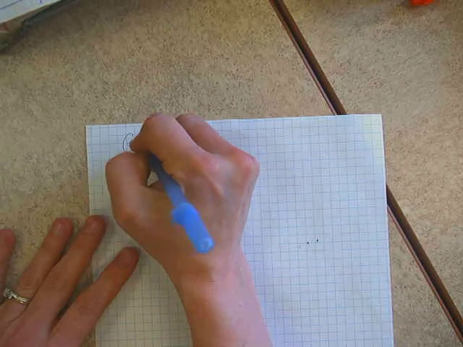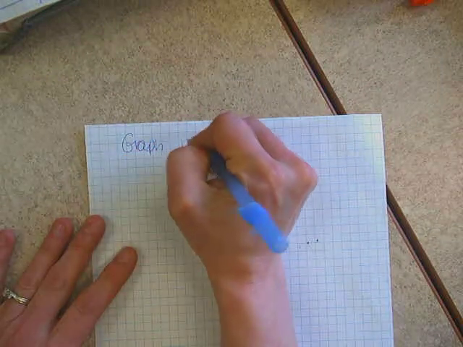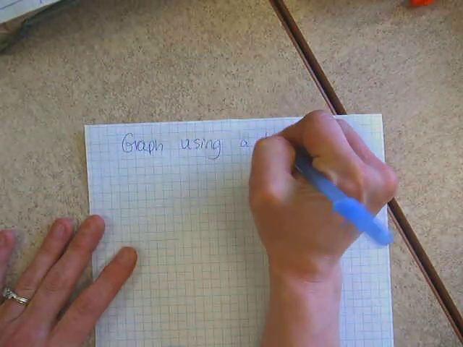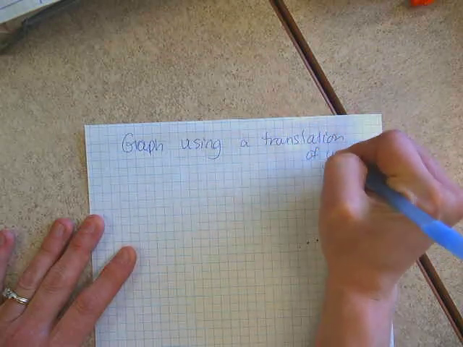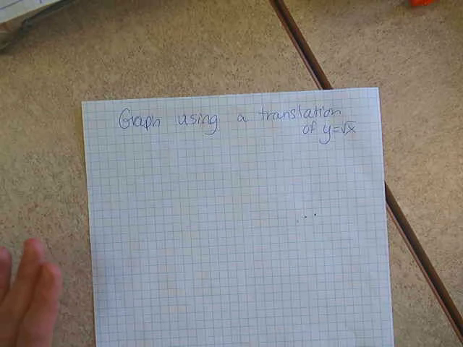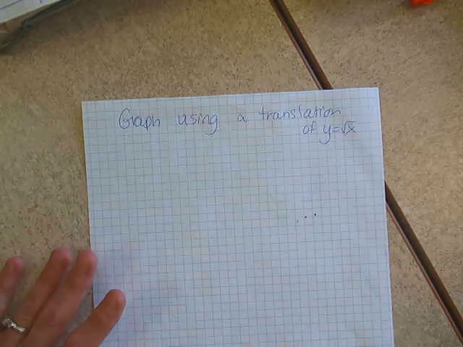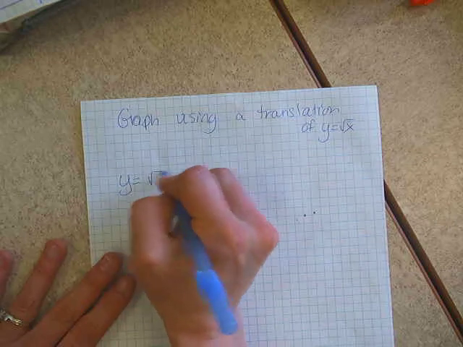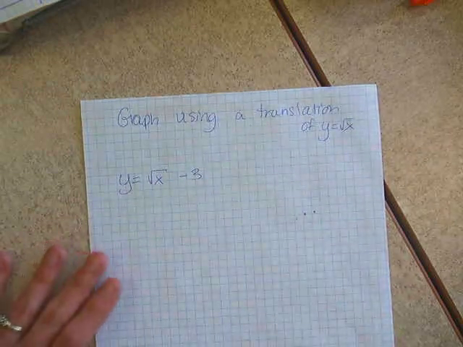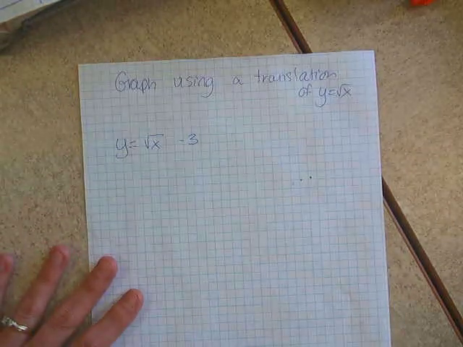So I'm going to show you just how quick this is going to make your graphs, because you're going to be graphing using the translation. Graph using a translation of y equals the square root of x.